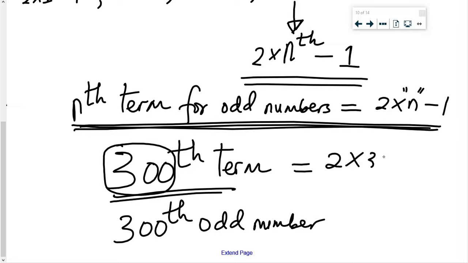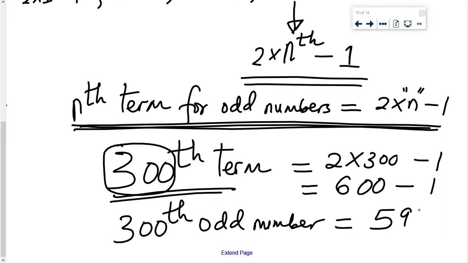So 2 into 300, the answer you get, minus 1. What will be this equal to? That will be 600 minus 1. And the 300th odd number will be 599. That is your final answer.